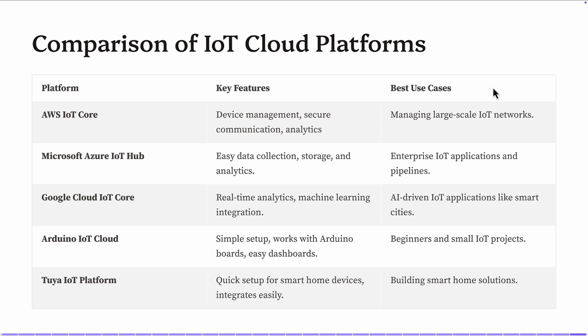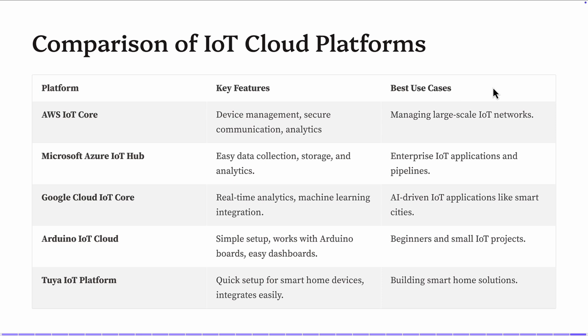Microsoft has also Microsoft Azure IoT Hub. It makes it easier for data collection, storage, and analytics. Google Cloud provides real-time analytics, machine learning. So usually Amazon and Google provide AI and machine learning capabilities to be integrated with IoT applications. But of course, all of them are paid services.